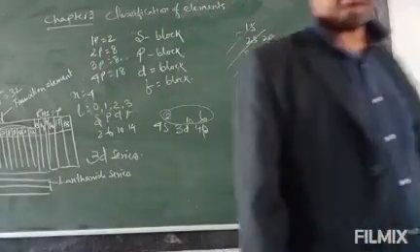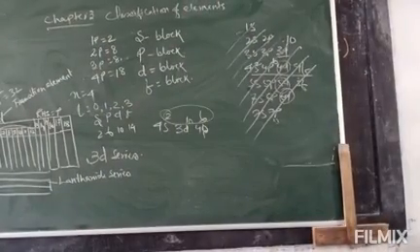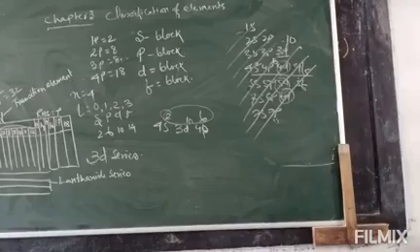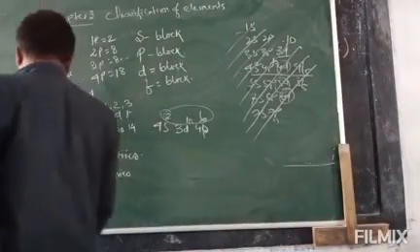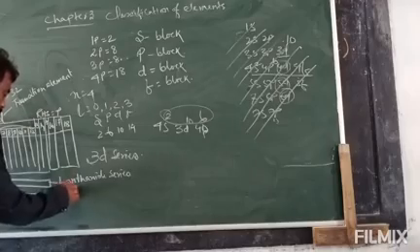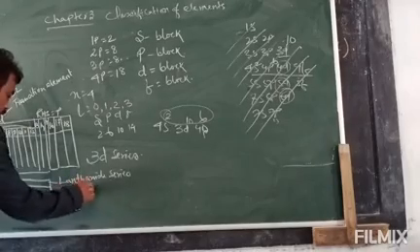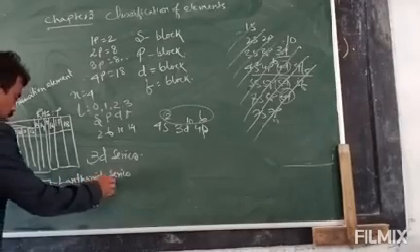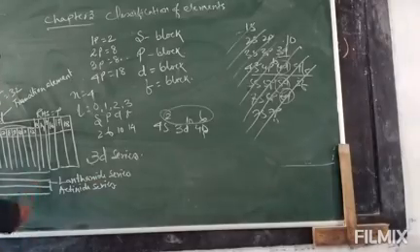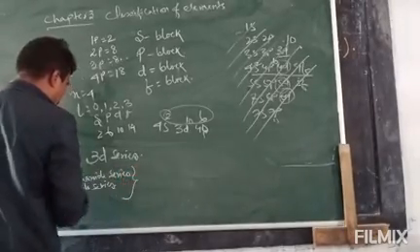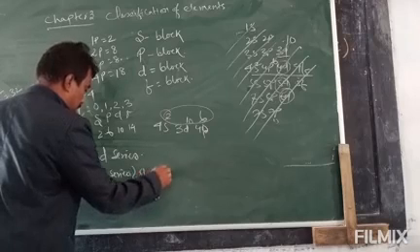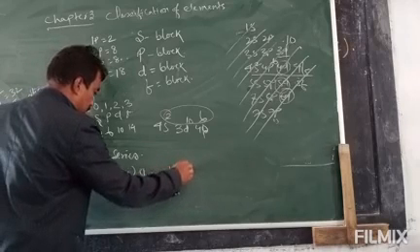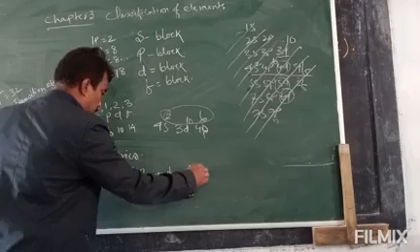If the last electron enters in your 5f orbital, then it is called the actinide series. Both the lanthanide and actinide series together are also called inner transition elements.